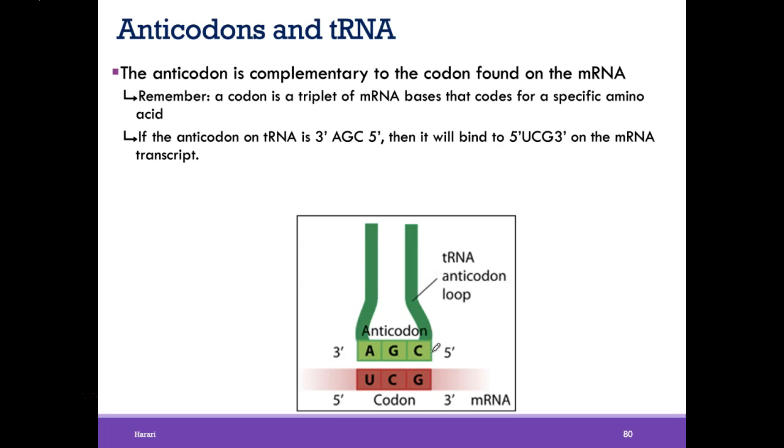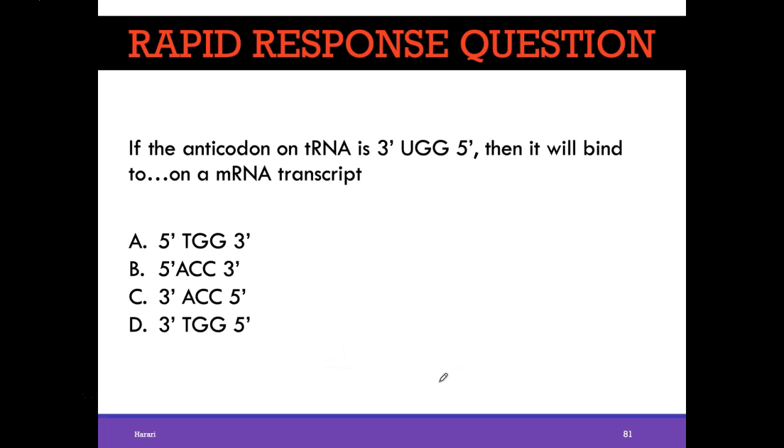So the anticodon complements a codon, and the codon we can look up in a codon table to determine which amino acid that specifies. So let's try to do this together. If an anticodon on tRNA is 3' UGG 5', then what will it recognize on an mRNA transcript?